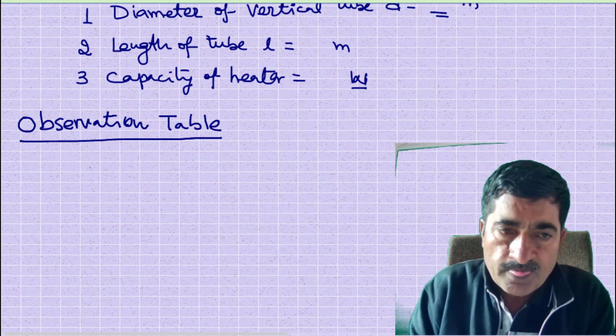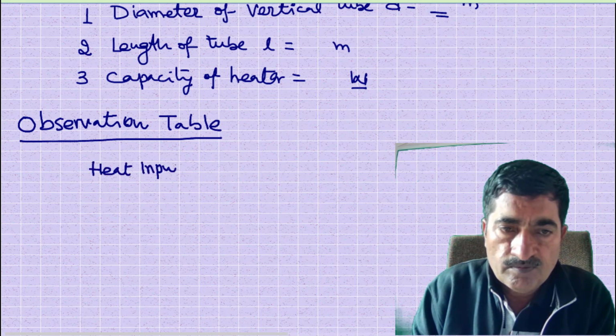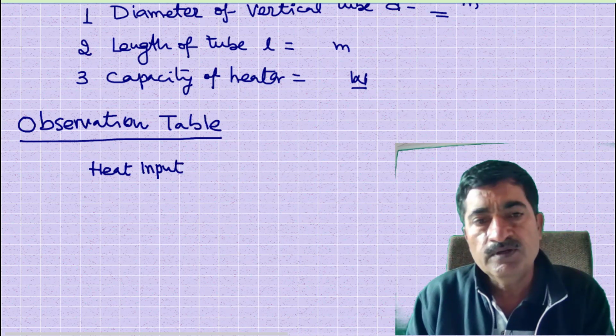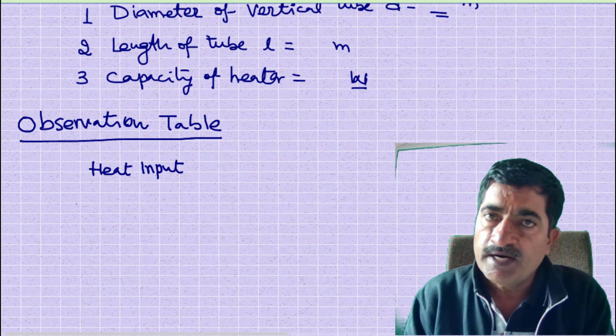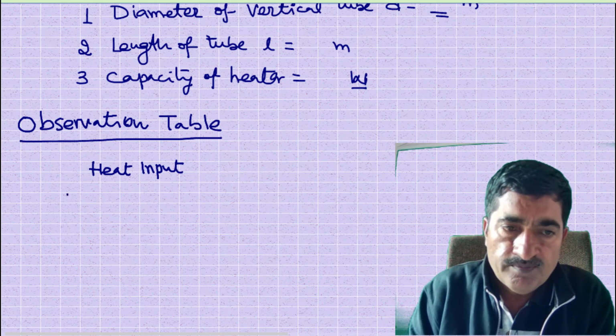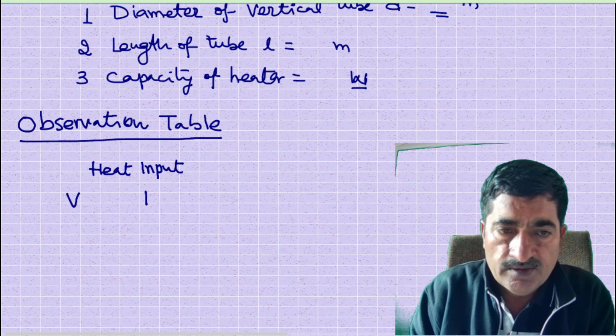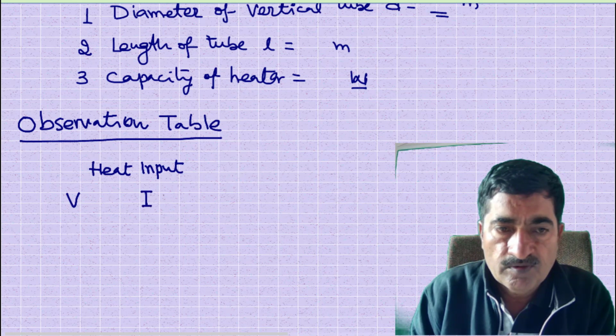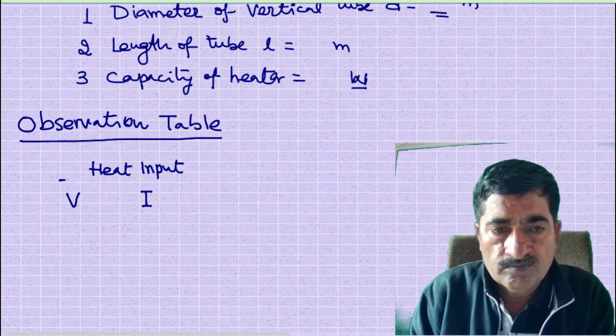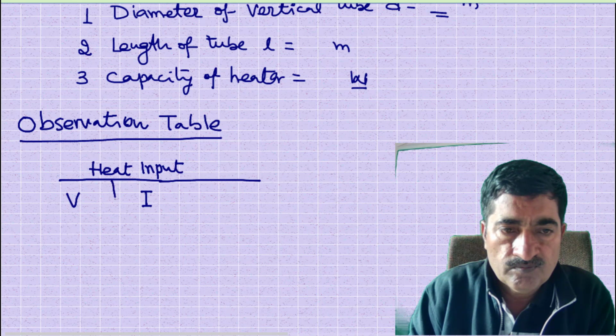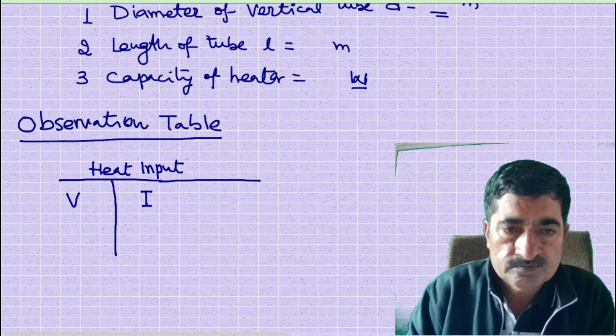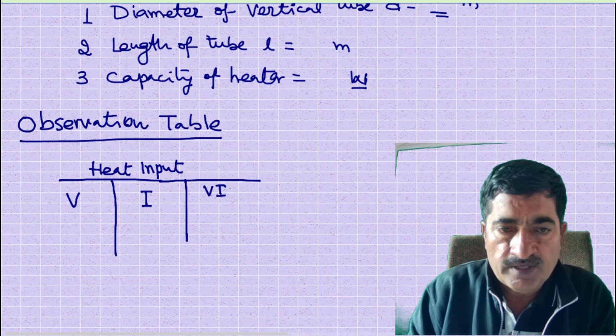Heat input can be found out by voltmeter reading and ammeter reading, V and I. Multiply V into I, that is equal to Q.